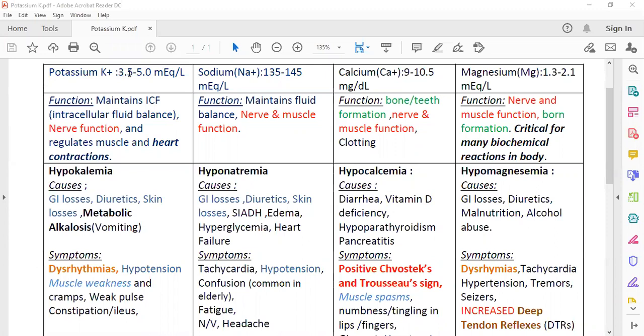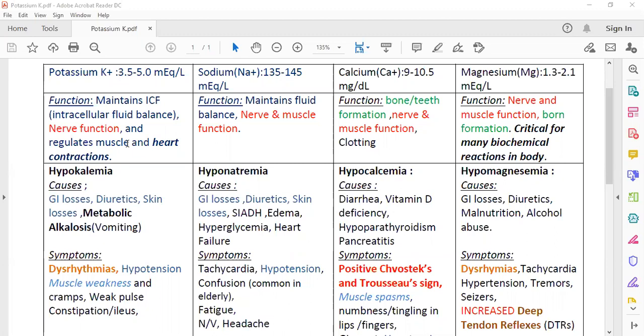If the potassium is less than 3.5, we call it hypokalemia. If the potassium level is more than 5, we call it hyperkalemia. Everybody knows that, right?